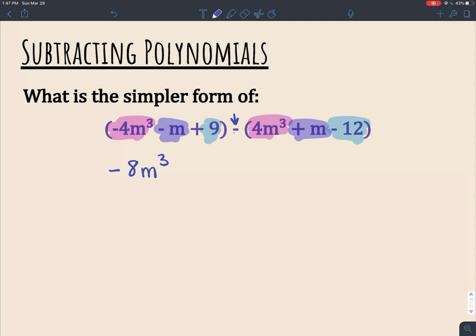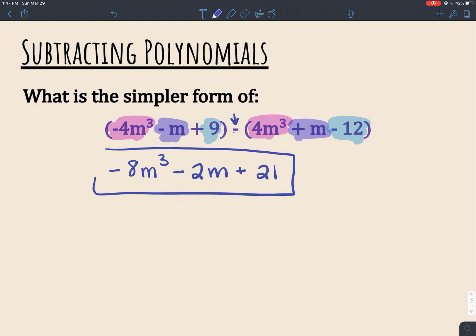Negative 1m minus 1m is going to give us negative 2m. And then 9 plus 12, right? Double negative again is going to have us add, so this is going to give us positive 21. And that is our answer. And just like up top, this is a cubic and this is a trinomial.